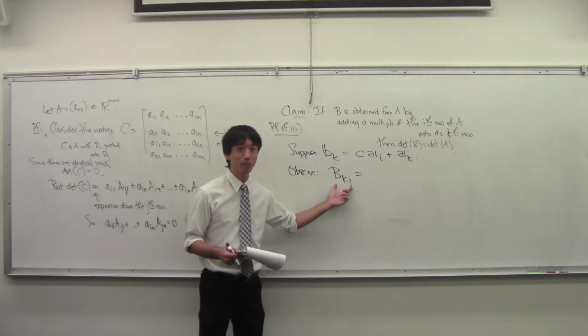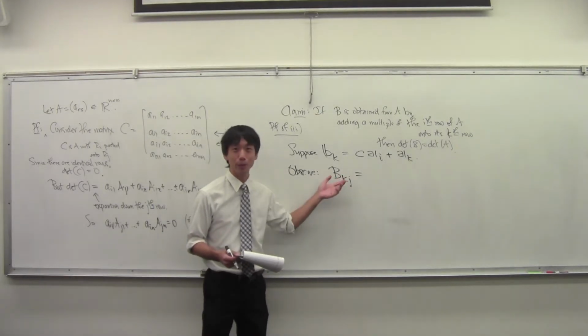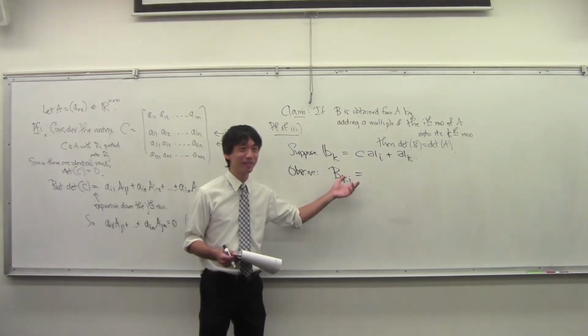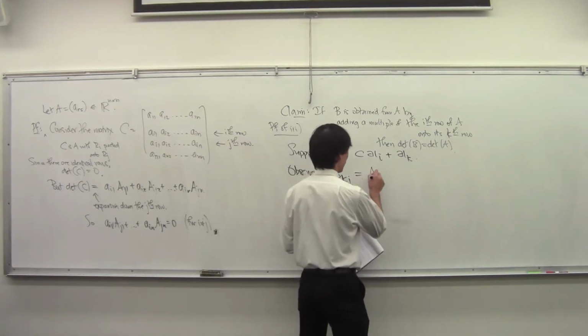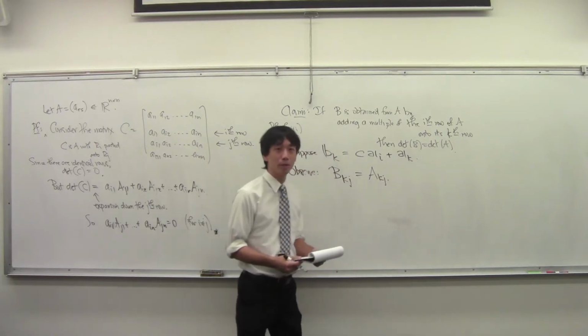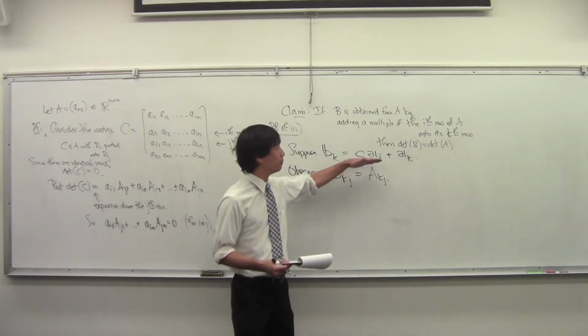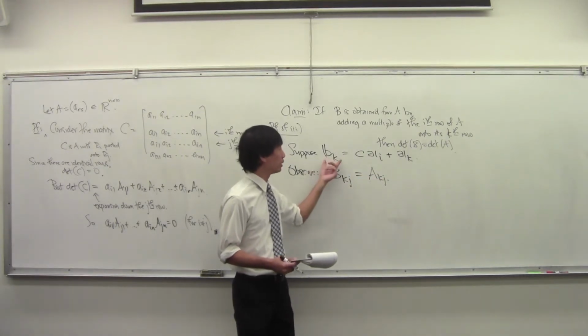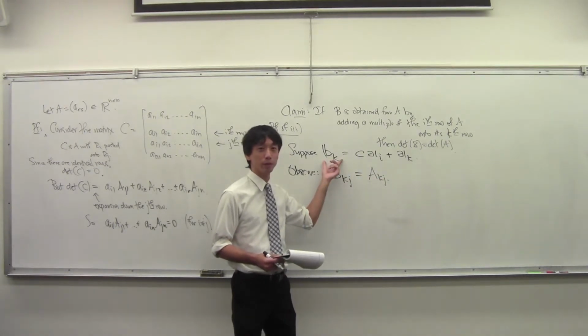What is it? The cofactors of B along that row are the same as the cofactors of A, right? Because B is the same matrix as A except along the kth row.